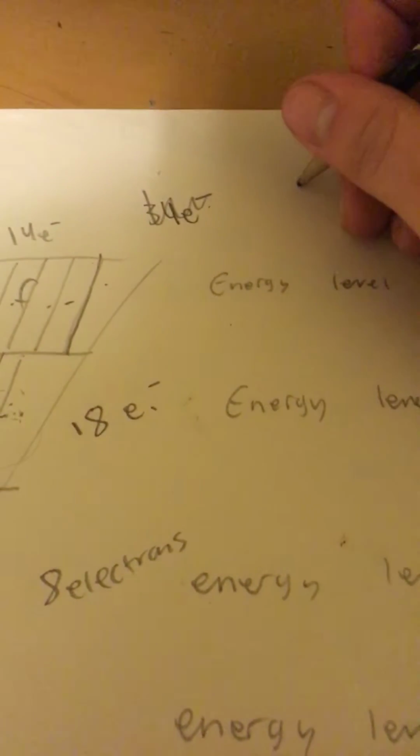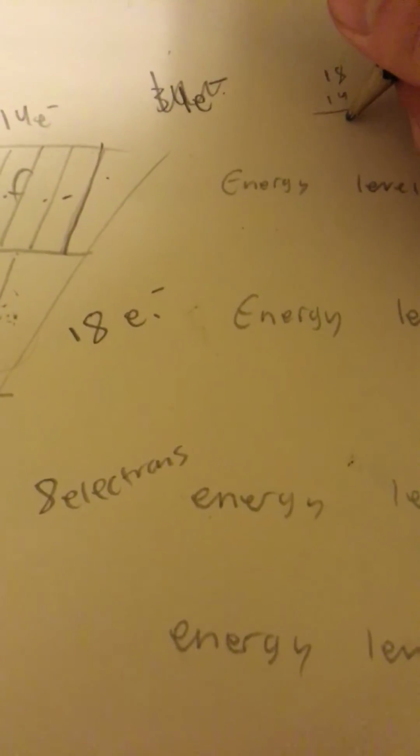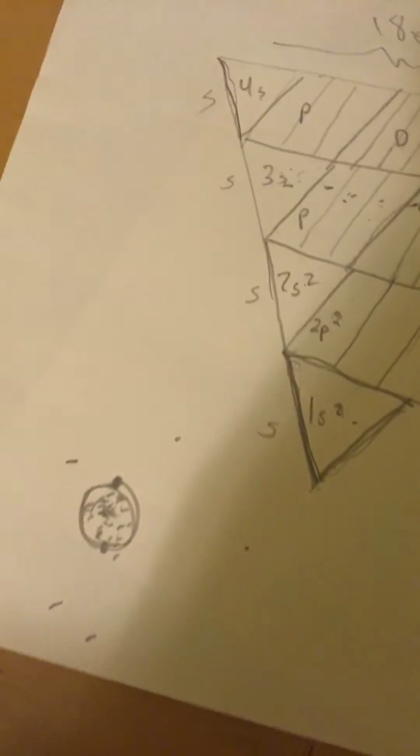No, 32. Excuse me. Here, let me do the math here. Just make sure. Yep, it's going to be 32. So this energy level 4 is going to hold a maximum of that number of electrons. Now, enough about that.